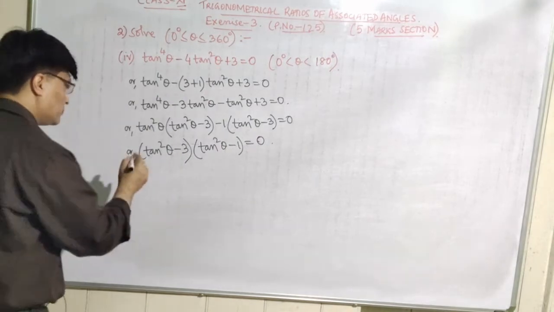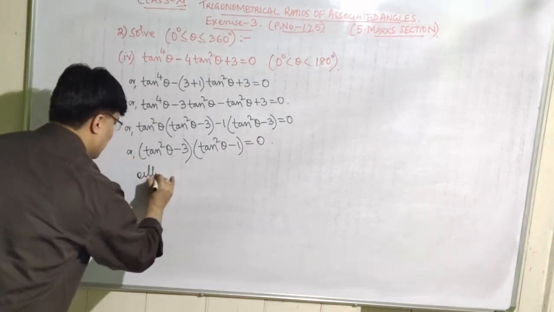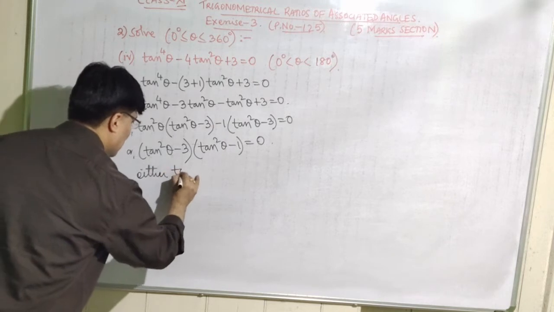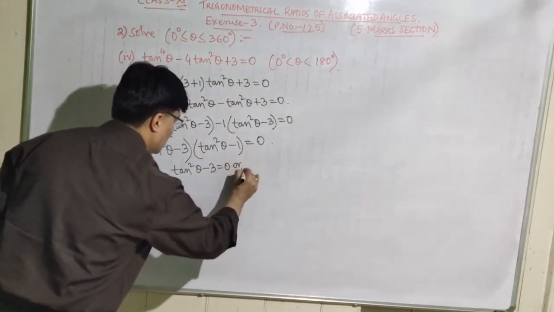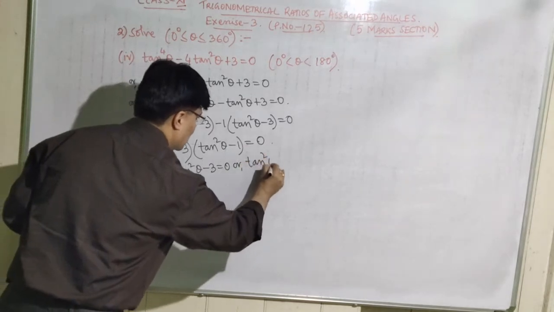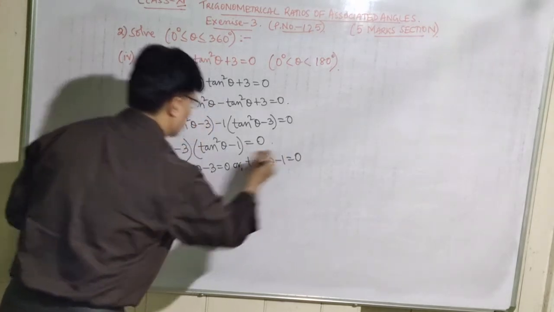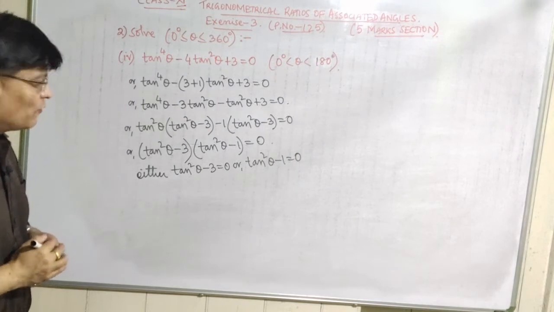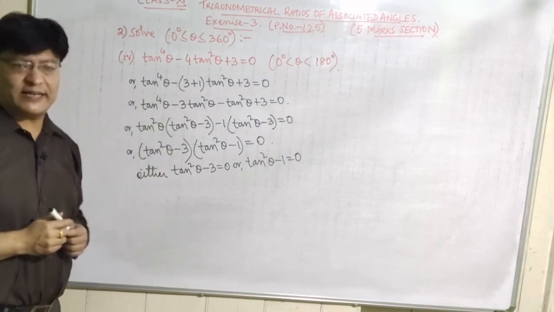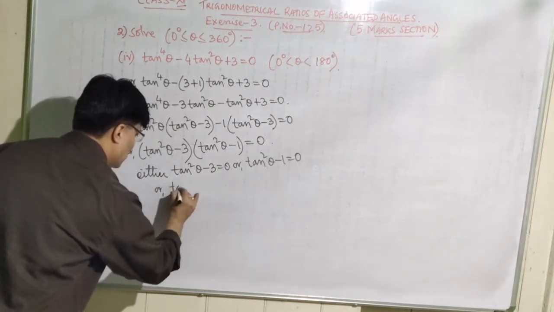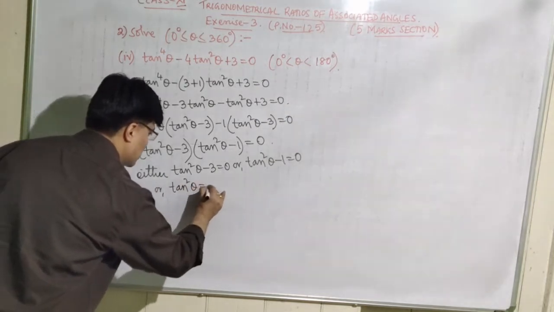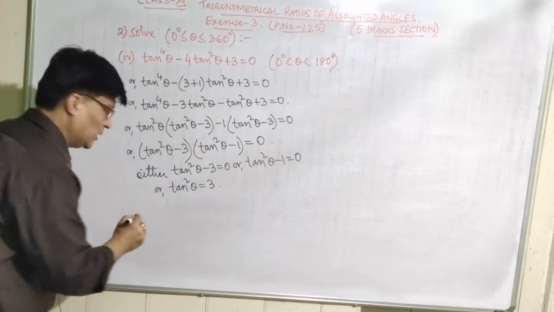So you can write here either tan square theta minus 3 is equal to 0 or tan square theta minus 1 is equal to 0. Either the first factor is equal to 0 or the second factor is equal to 0. If tan square theta minus 3 is equal to 0, then tan square theta is equal to 3.